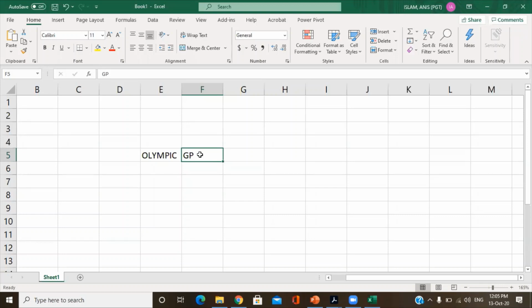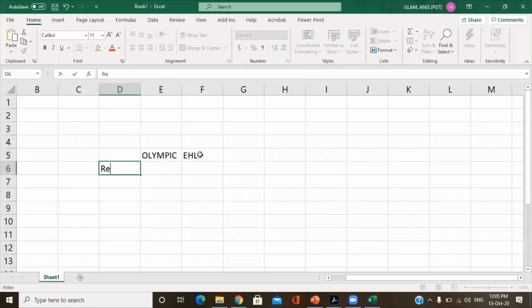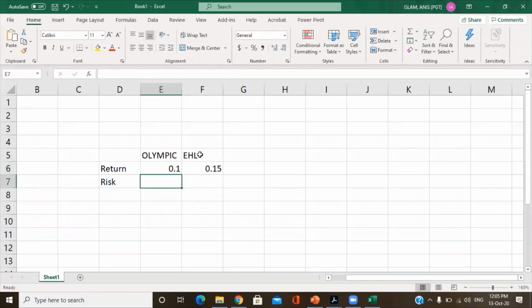Let's think of Eastern Housing Limited, EHL. I'm mentioning return and risk. I'm thinking the monthly return of the Olympic stock is 10%, and the monthly return of Eastern Housing Limited is 15%.